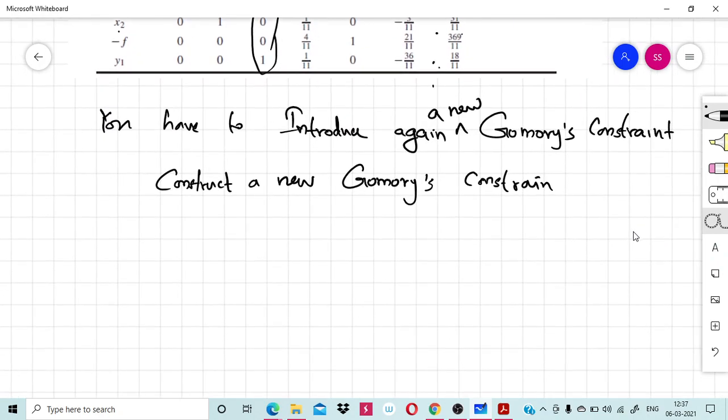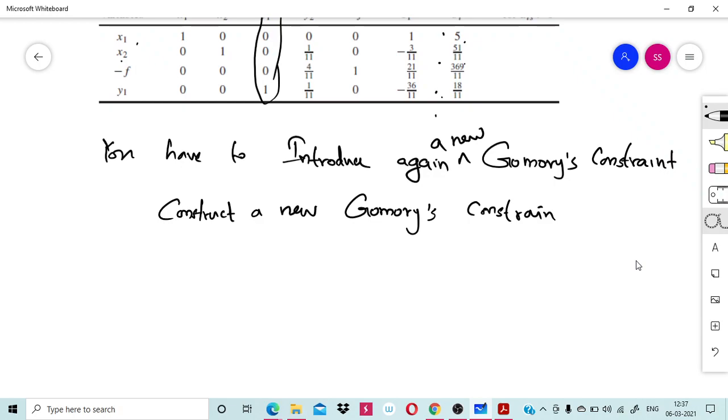Again I have to find xi, the basic variable having the maximum fractional value, either 51 by 11 or 18 by 11. That is x2, so xi equals x2, so i is equal to 2.